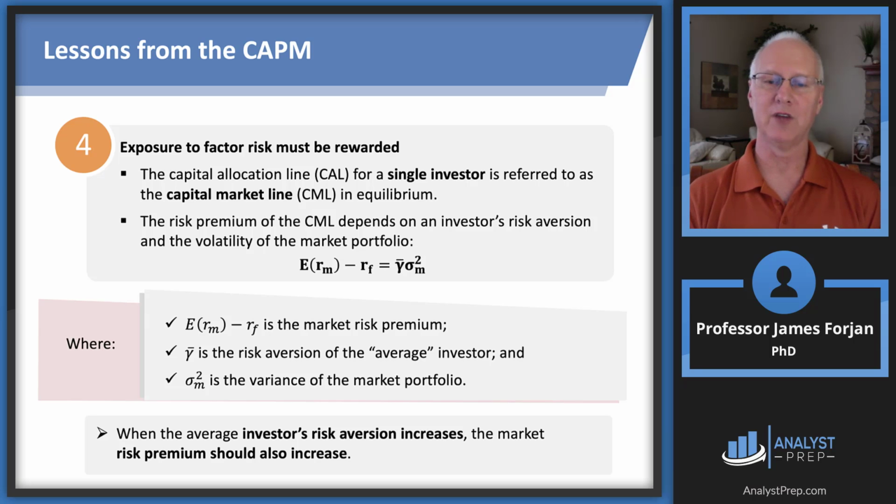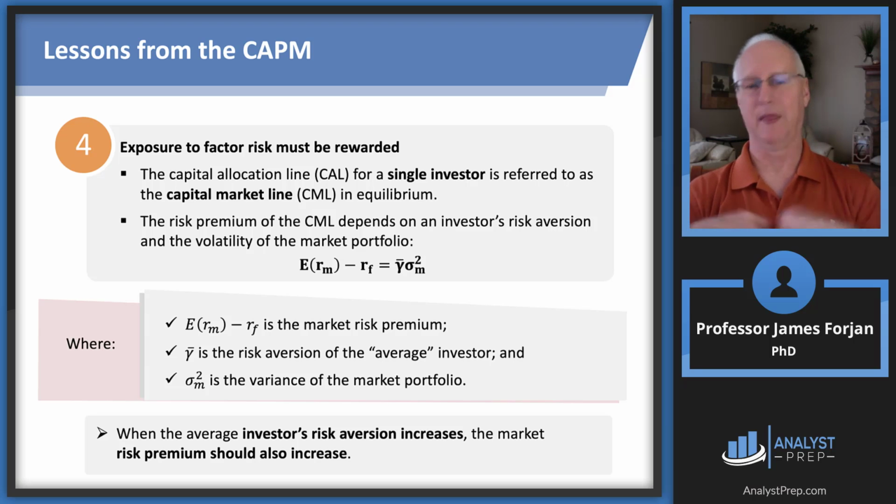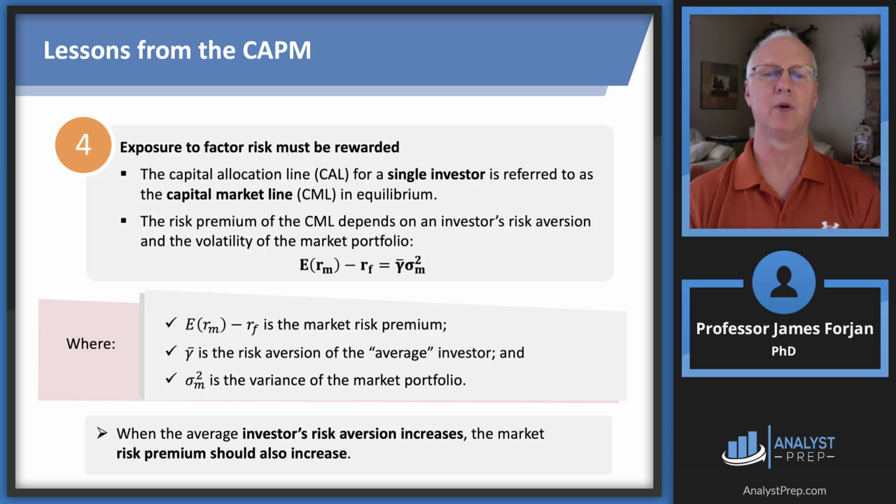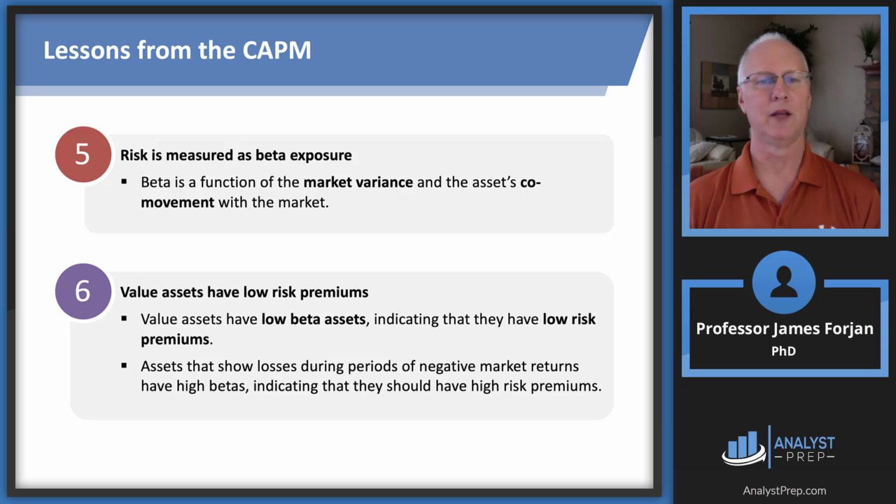And then we're going to adjust that by gamma, which is the risk aversion for each individual investor. But then, of course, when you do this with the capital market line, that becomes the risk aversion for the average investor. So look at the arrow at the bottom. When the average investor's risk aversion increases, the market risk premium should also increase. And hopefully that makes perfect sense.